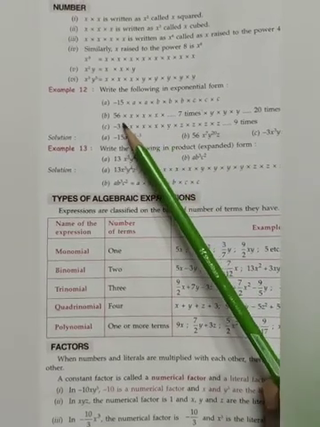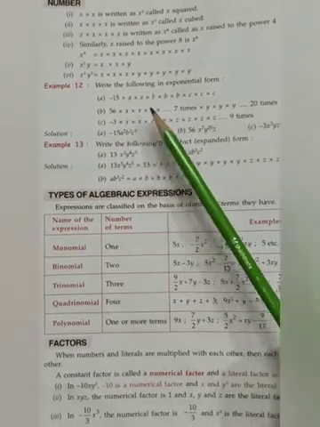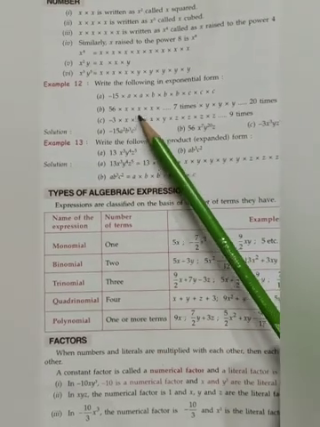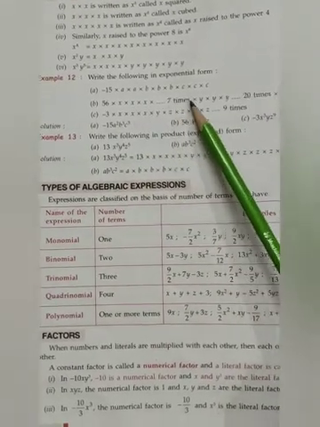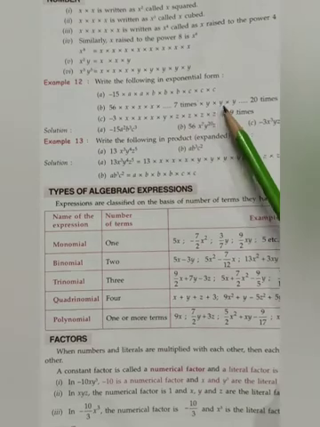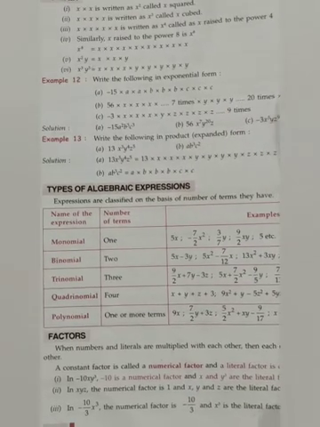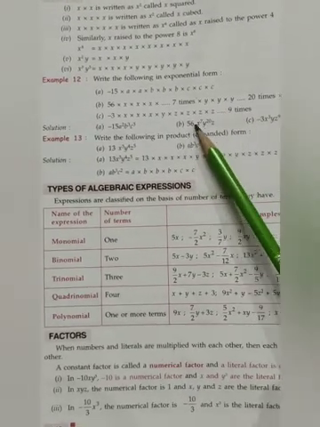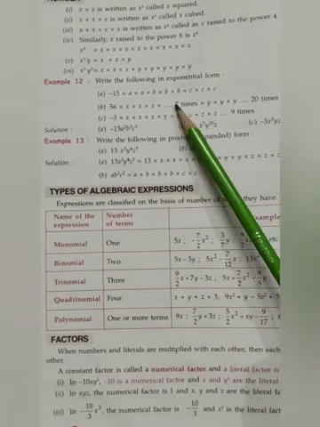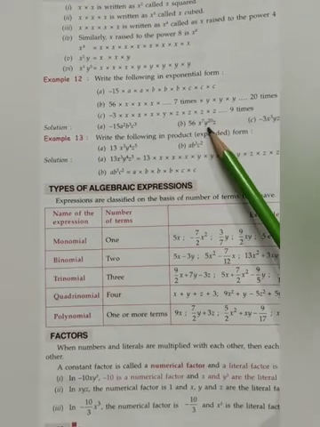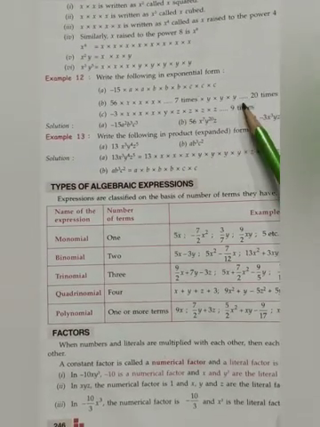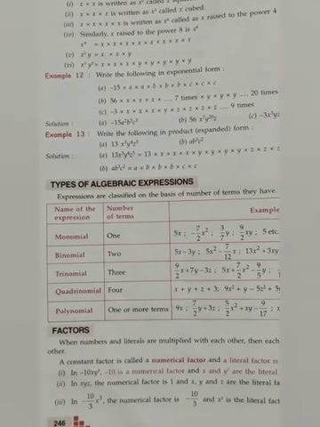Like this, b bit: you see 56 multiply x 7 times written, and y 20 times. So here you write like this: 56x to the power 7 and y to the power 20 and multiply z.